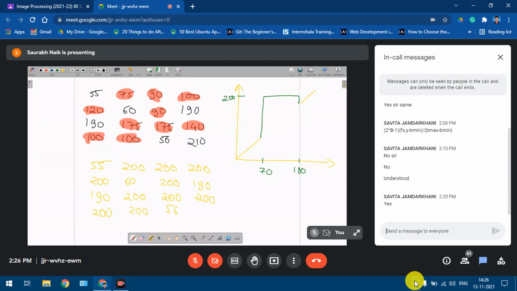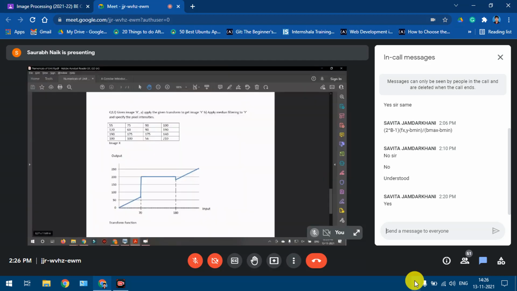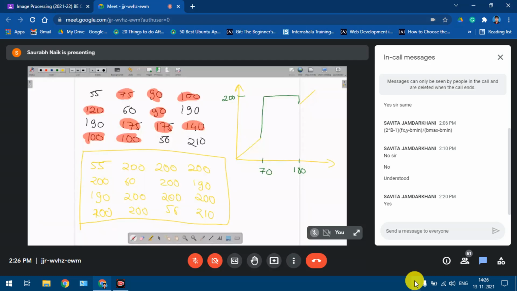Was that 56 or 50? Just check. 56 and 210. So your final output image will look like this. You would get the Y image as this part. And I think the second part is applying median filtering, so you would then apply median filtering to this image.